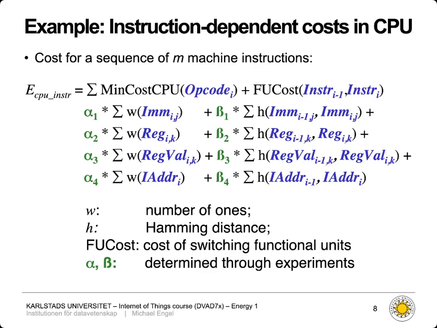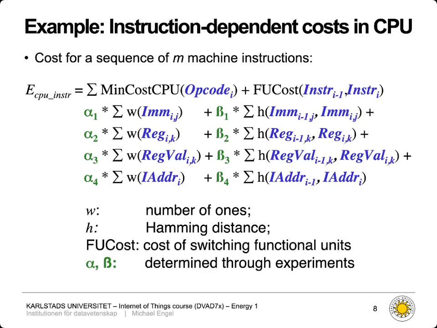For example, if we have certain immediate values, if we have to switch between immediate values, if we use certain registers and switch between certain registers, if we have certain values in a register and switch between these values, and also if we have certain addresses and switch between an address and the subsequent addresses.